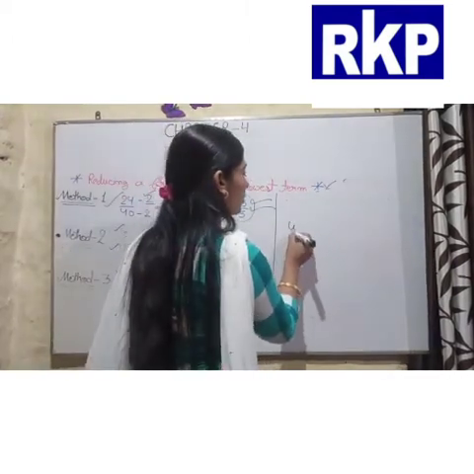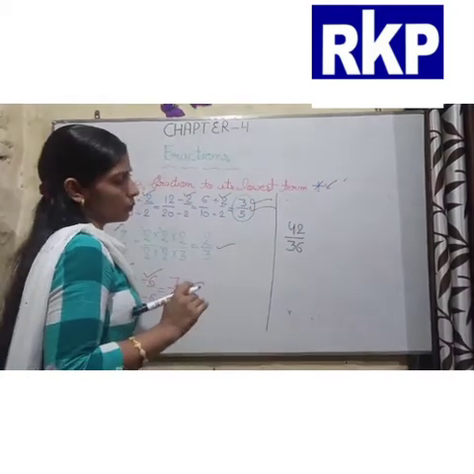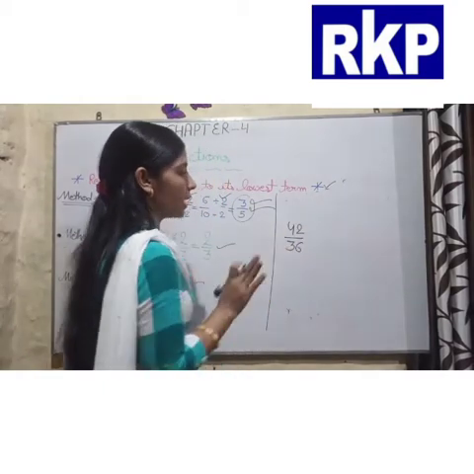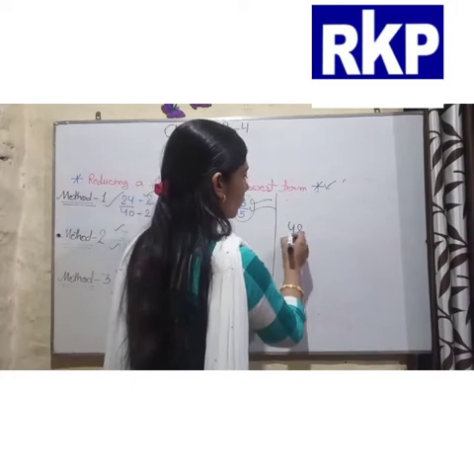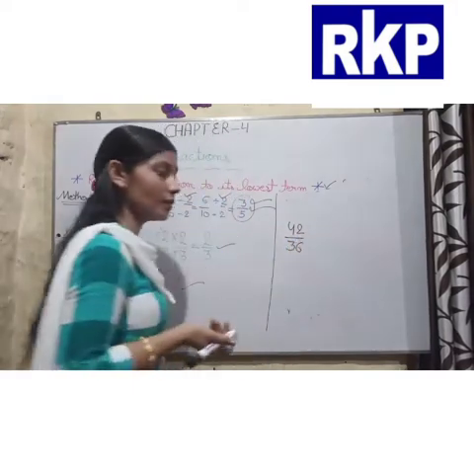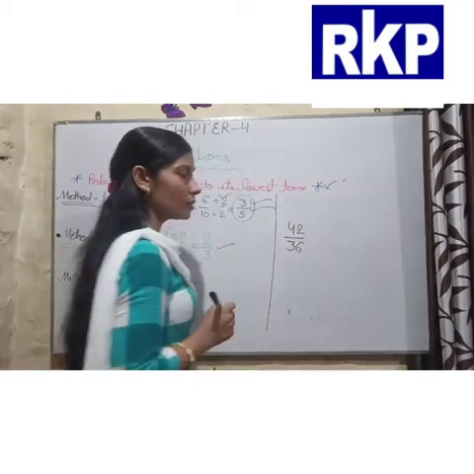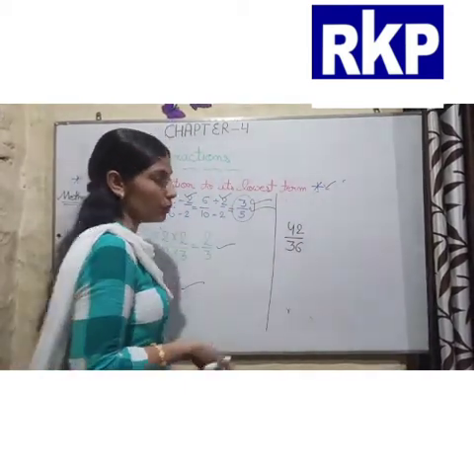So write here 42 by 36. First of all we have to check the common factors of 42 and 36. Here we can see both are even numbers, so we can divide 42 and 36 by 2.